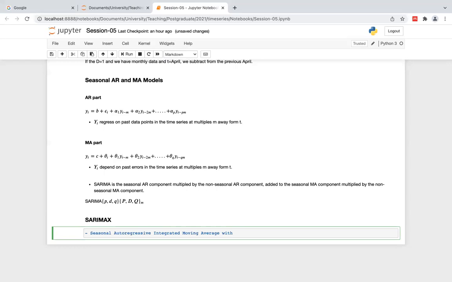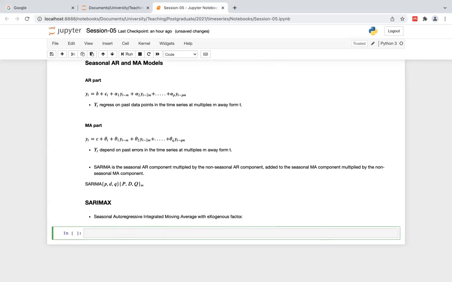With exogenous factors. It is written like this. The spelling is correct. The X stands for this.